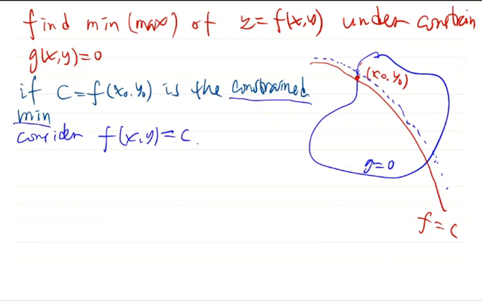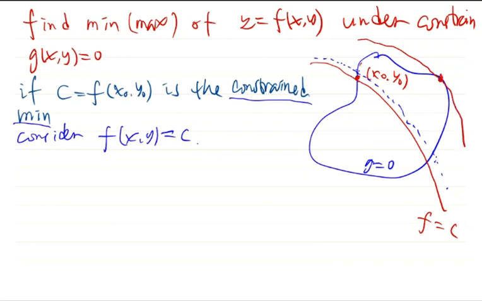So when will this c be minimum? It is not difficult to see that only when the curve f equal to c is tangent to the curve g equal to 0. Only a point at this position can be the constraint minimum.